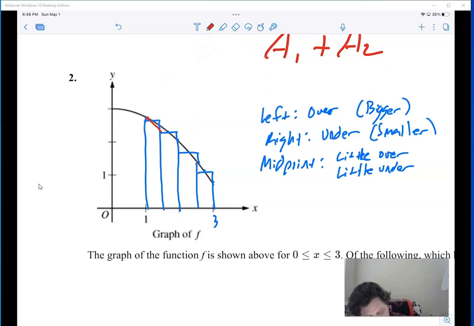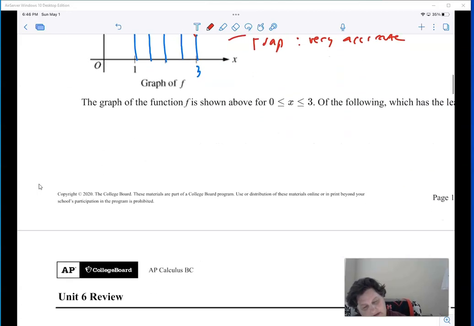The trap connects these as straight-line trapezoids. Trapezoidal is very accurate, and midpoint is pretty close. So those are the two most accurate ones.